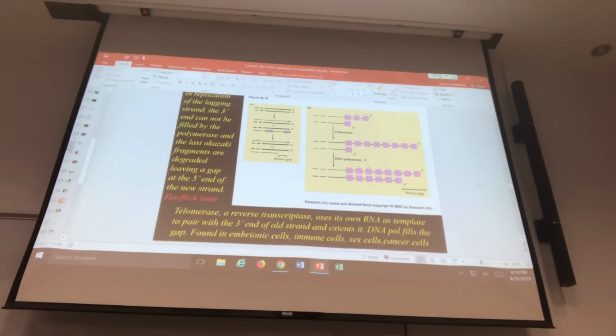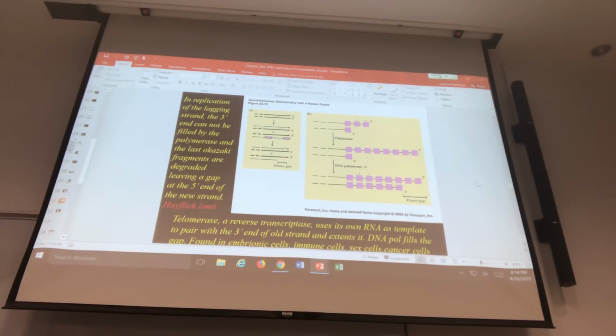Very important, telomerases, okay? This is a feature of eukaryotic DNA replication. So if you're following along by separating your notes into different sections, telomeres are a eukaryotic specific thing. The reason why is eukaryotic DNA is linear, and because it's linear, we reach a problem when we reach the very end of your template DNA.